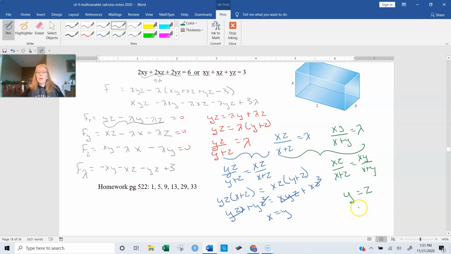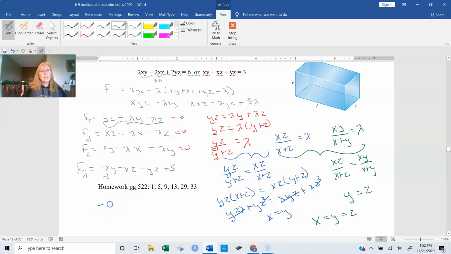All right, so now that we have this, we know that x equals y equals z is what this means, which is very handy when it comes into the equation. So now we have all three of these. We know since x equals y equals z, we can plug it into this equation here.